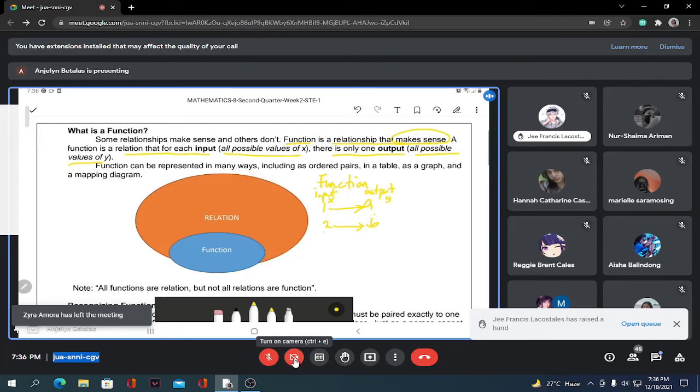So 1 goes to A, 2 goes to B. That is a function. But this one is not a function. The input x is 1, 2 again, and the output y is A, B. If it looks like this, 1 goes to A, 1 goes to B. So 1 has two partners. This is not a function. In ordered pairs, 1A then 1B. So x repeats and has two partners in y.